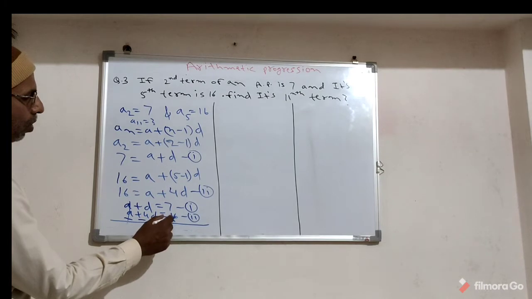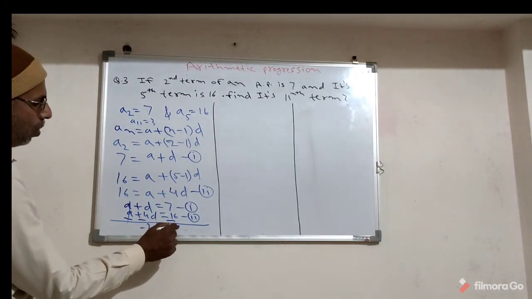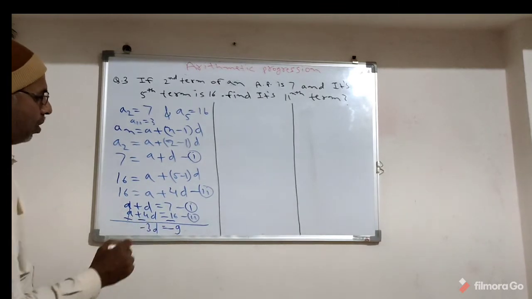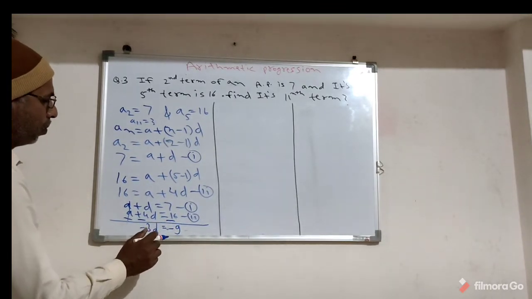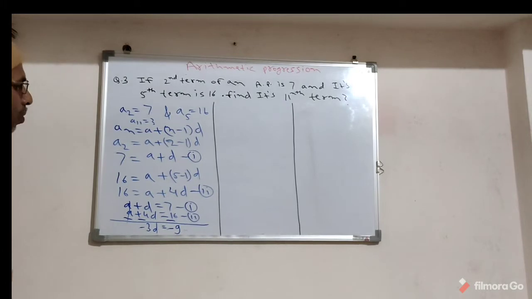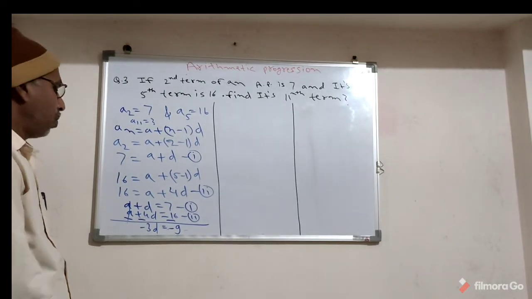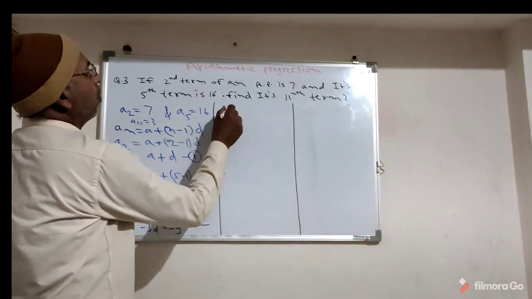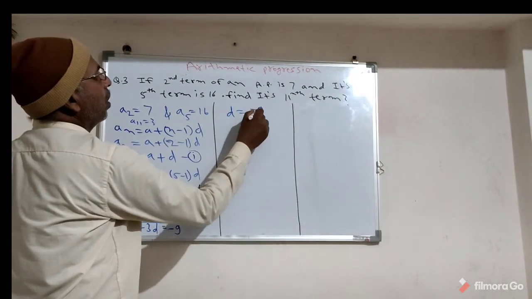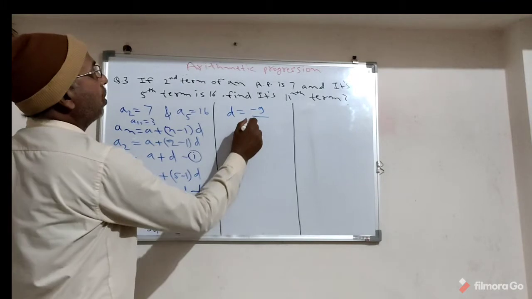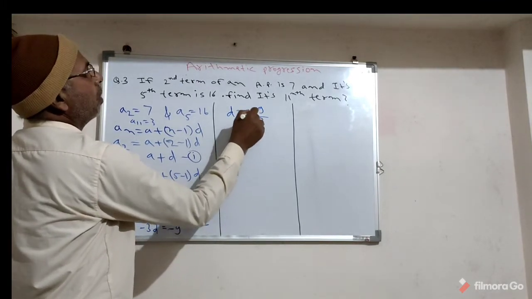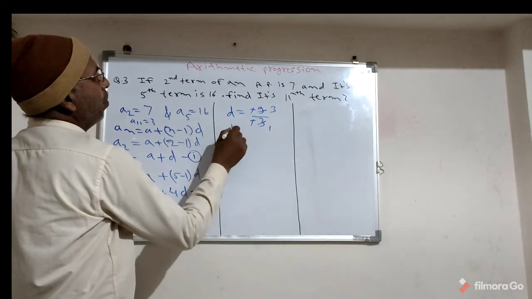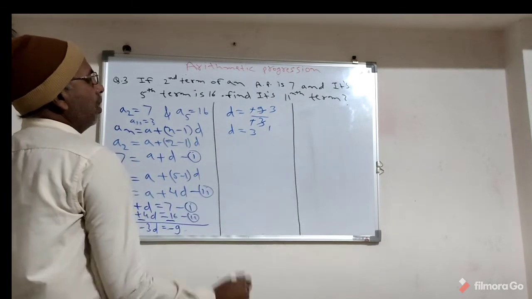How much do we get? 9, so minus 9, because we take the sign of the bigger number. Then D equals minus 9 upon minus 3, which is 3, since 3 times 3 is 9. The value of D equals 3.